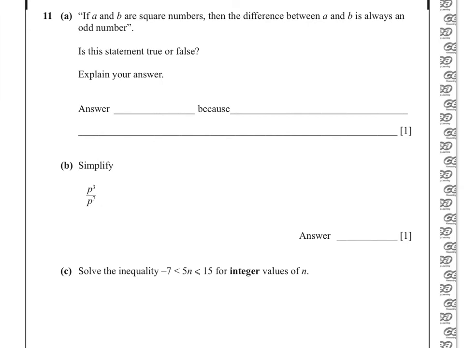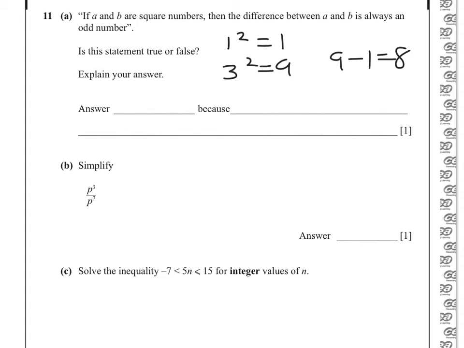Let's look at some examples. So if I do 1 squared, which is 1, and I do 3 squared, which is 9, 9 take away 1 is 8, which is even. Is this statement true or false?